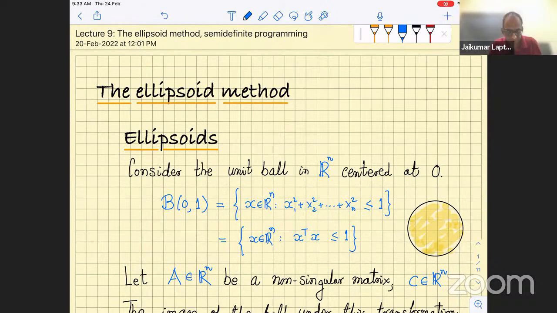Okay, so we were discussing the ellipsoid method last time, and what I want to do now is describe some of the details today. We'll not do the complete calculations because they are just technical, and it's not clear if there is a general principle to be learned which is relevant to this course.